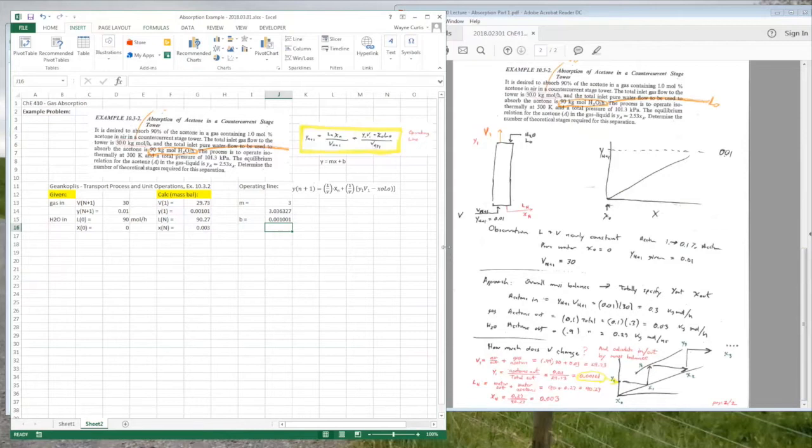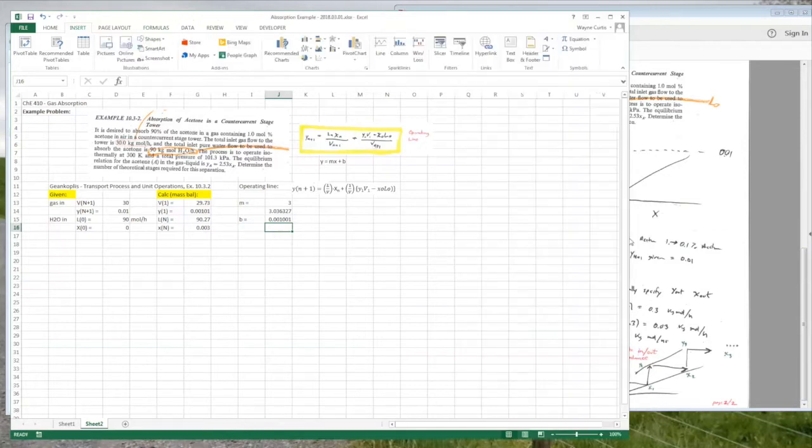I'm just going to simply graph it. It's not rocket science here, but let's say we have X, and then we'll have Y, where this would be the equilibrium line, and we'll just call this one the operating line.